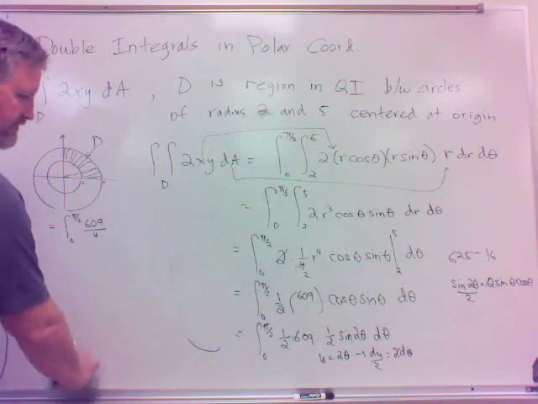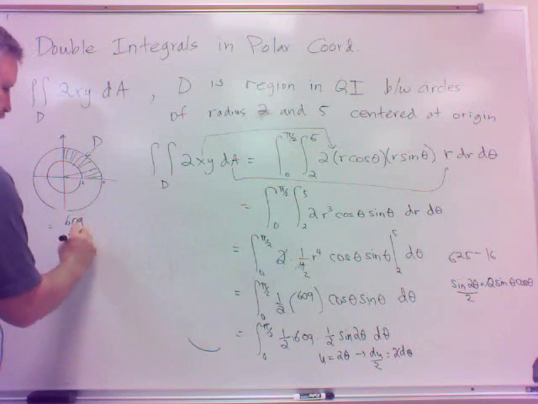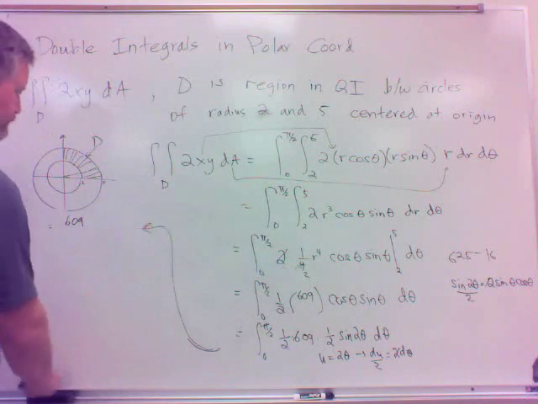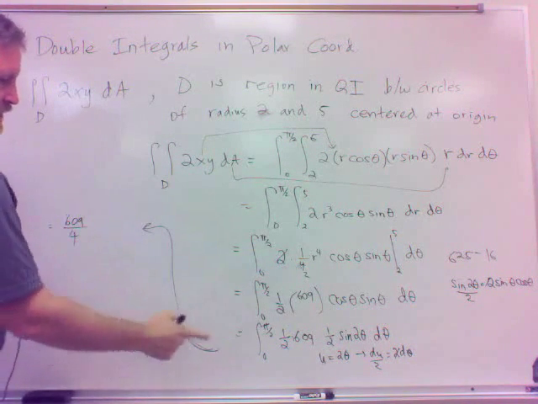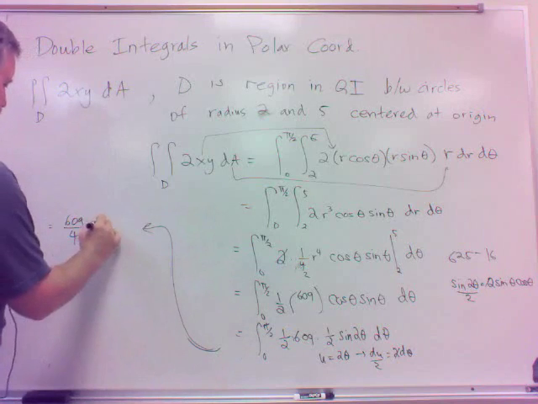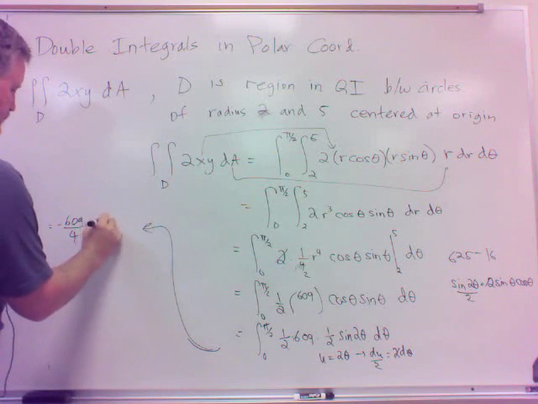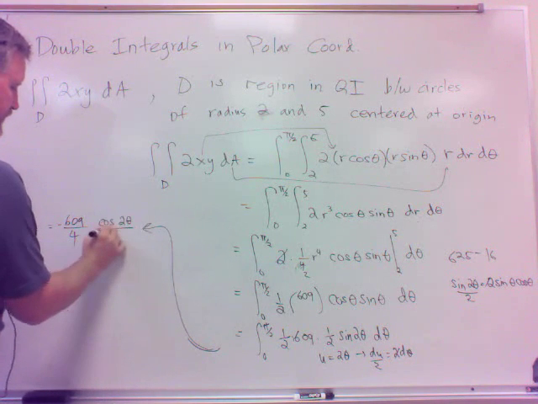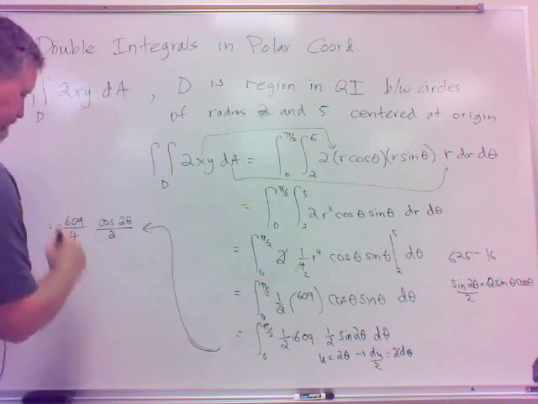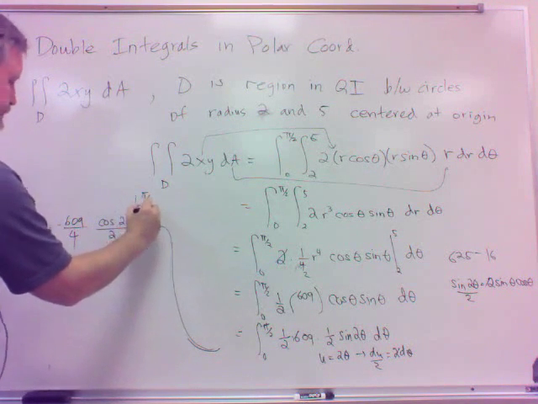So we've got the sine of u, 609 over 4. Sine of u, so that'd be negative cosine of u, which is 2 theta, and then divide by 2 there. And we're going from 0 to pi over 2.